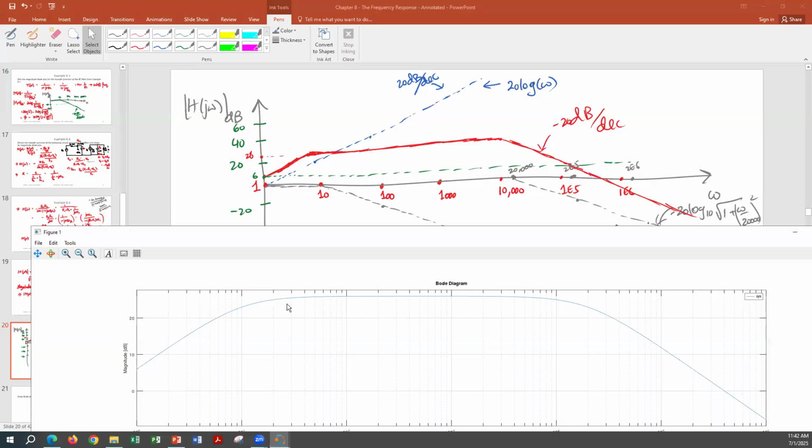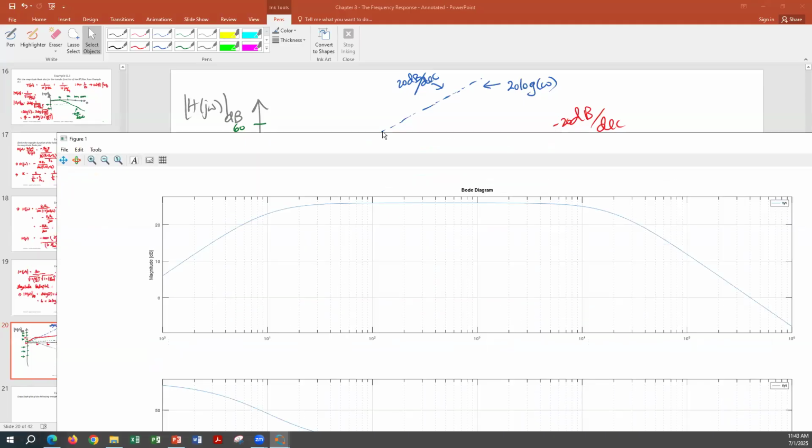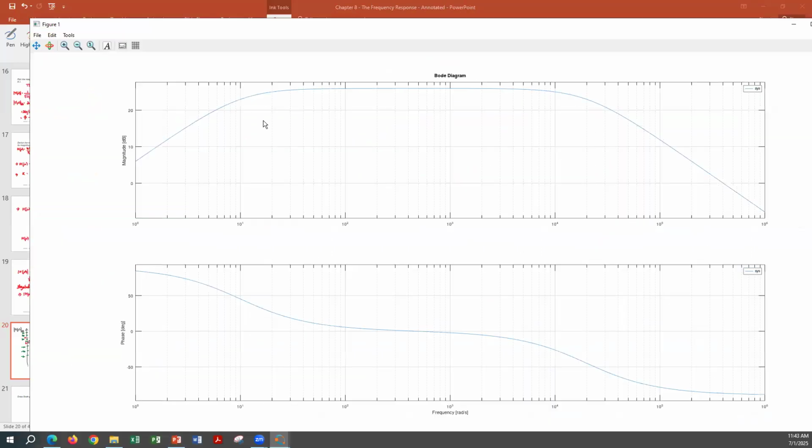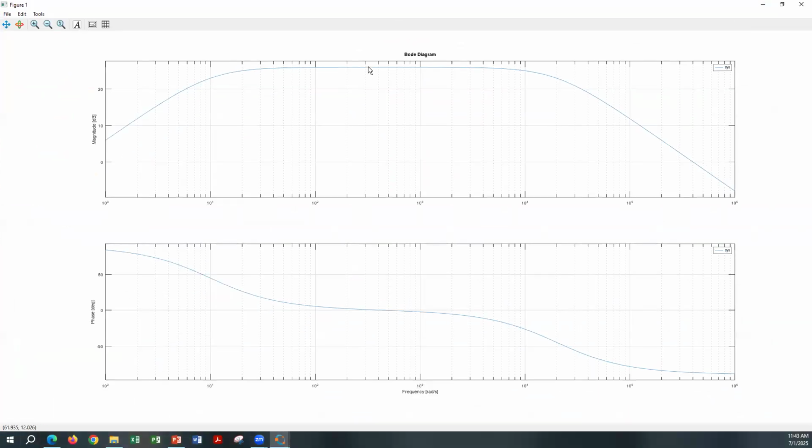It went all the way up to, I believe, 26 decibels. Let's see what value it is showing. Yeah, 26 decibels, 26.261 at the bottom. So that's the 26 decibel line, and then it starts going down at 20,000 frequency.